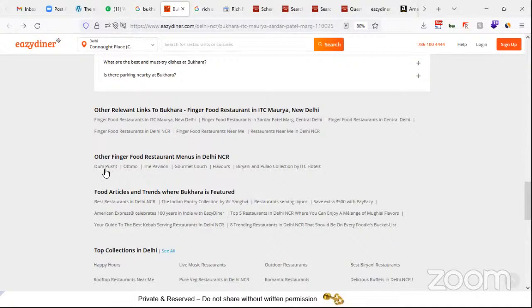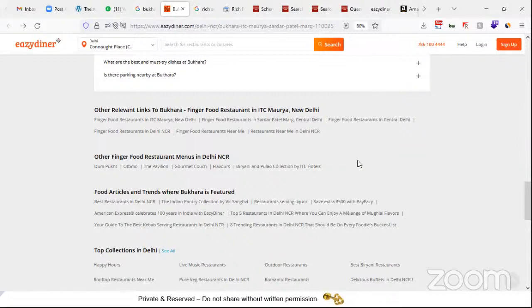So I have put the same ITC Maurya and other restaurants. This is one big star hotel which has many more restaurants in it. So I am interlinking Bukhara with Dampukht, which is another restaurant in the same compound, in the same vicinity of this hotel. This is relevant interlinking.